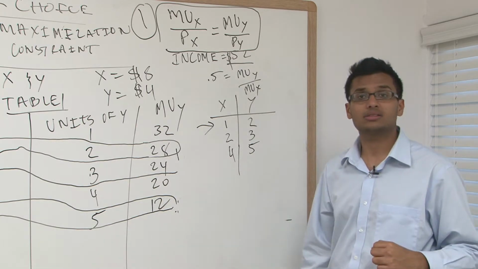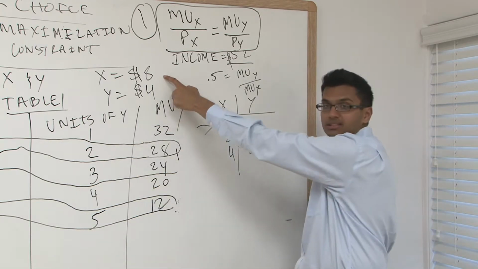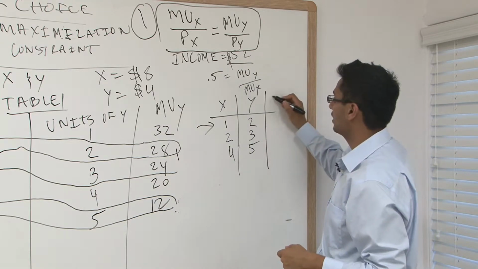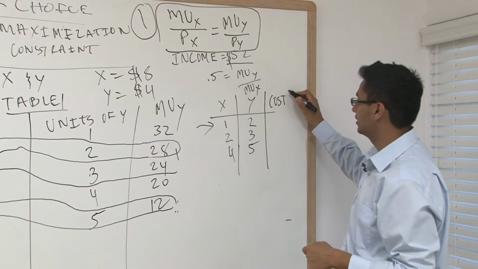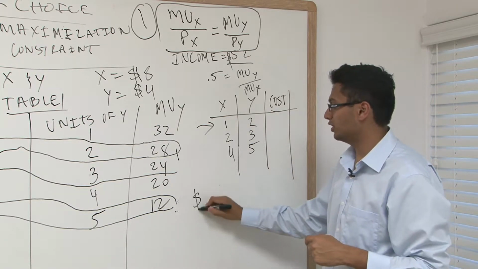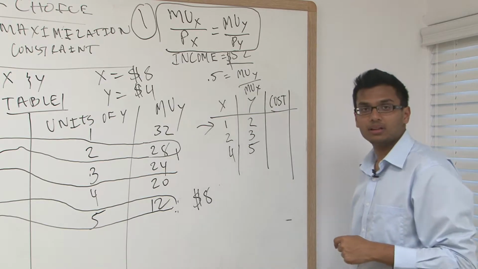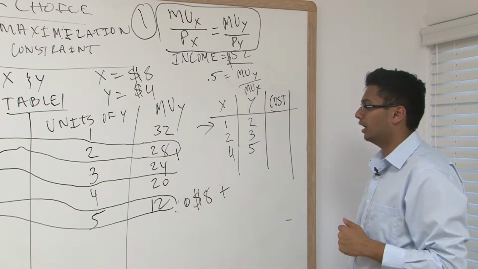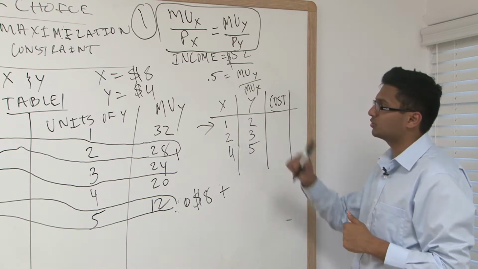What's the total cost? If I take 1 unit of x, it's going to cost me $8. Plus, this is the first combination, $8, and then I wanted 2 units of y.